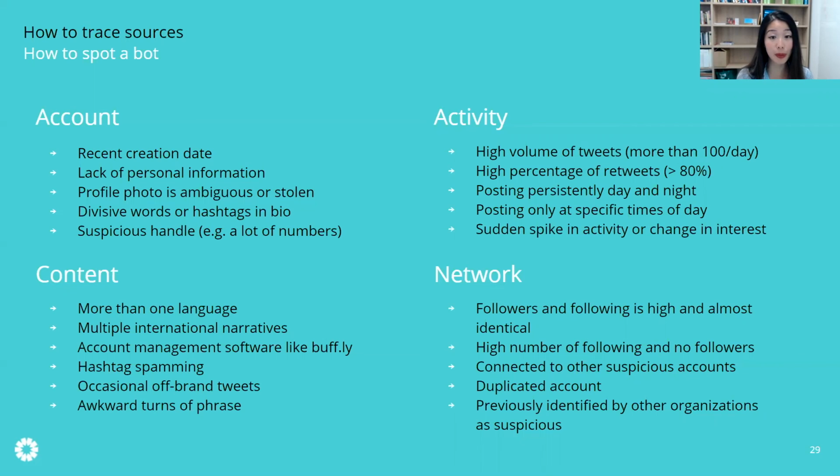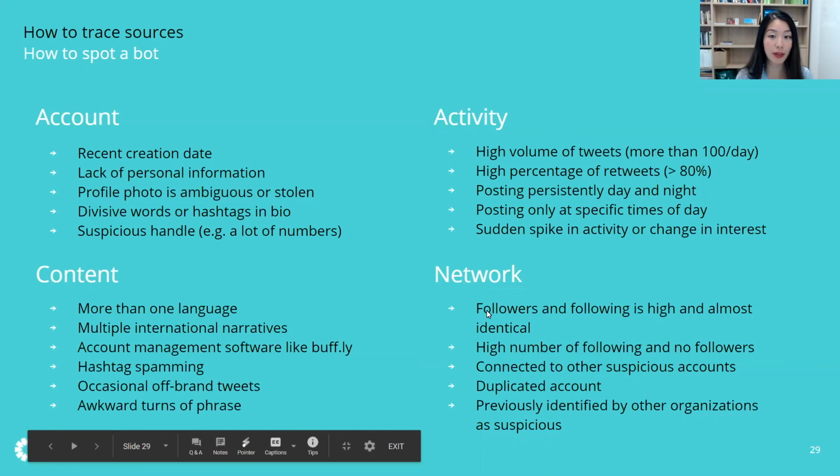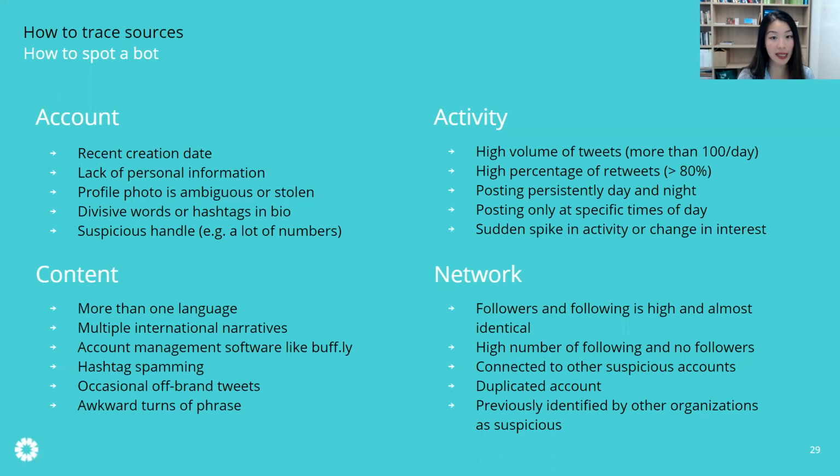A lot of people do that. They live on Twitter, and tweeting many times a day is not unusual. So we want at least multiple signs from this checklist to even consider that the account may be automated.